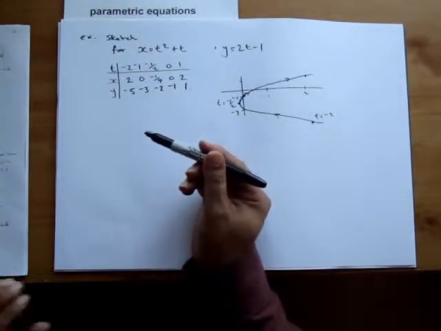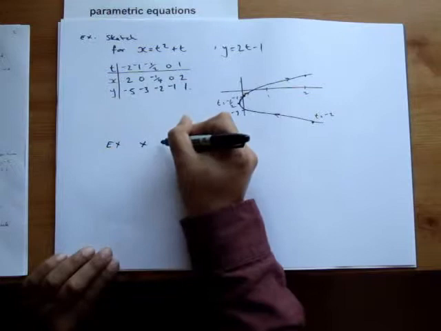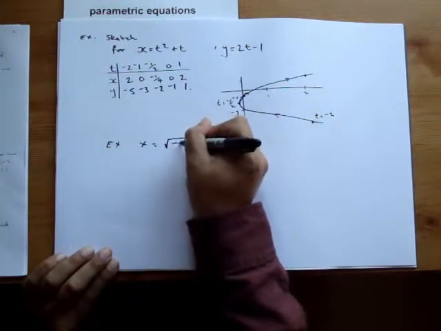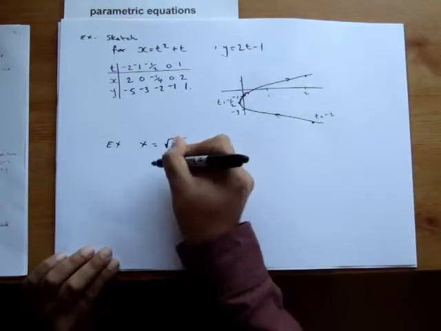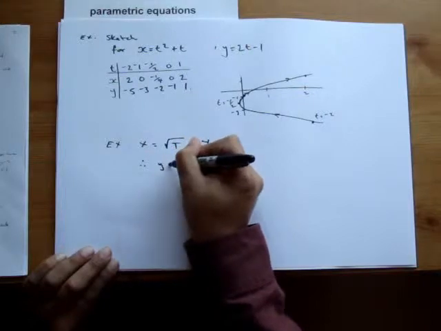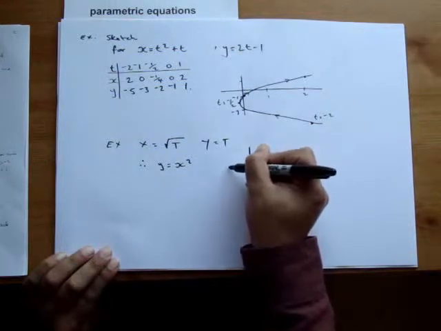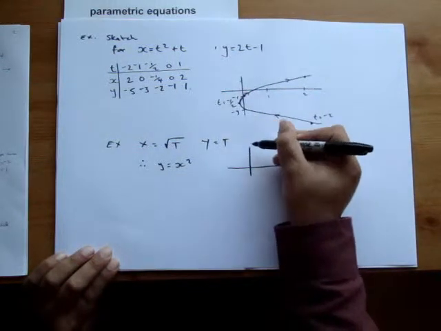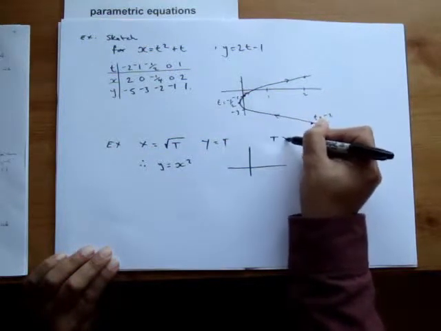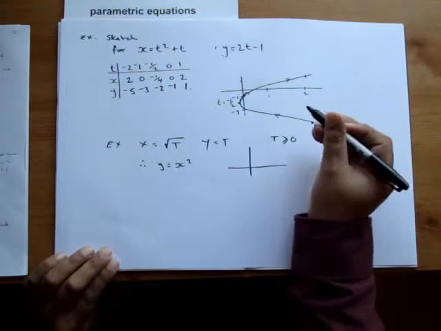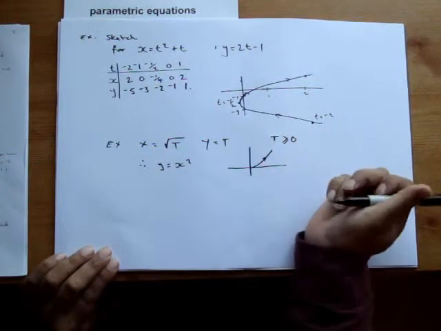Now let's have a quick look at, for example, if we had x equals square root of t and y equals t. In this case, y equals x squared, which is a parabola, and say we had a limit on t, so this means that it would go that way.